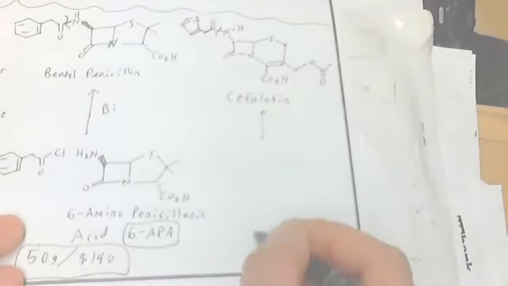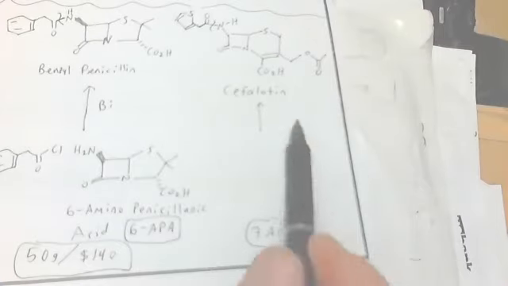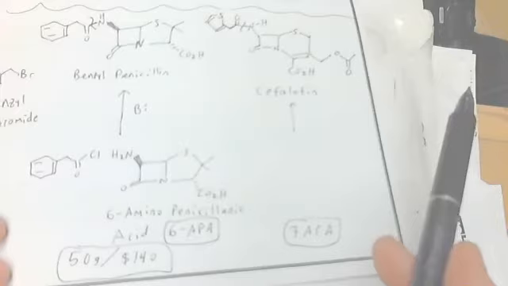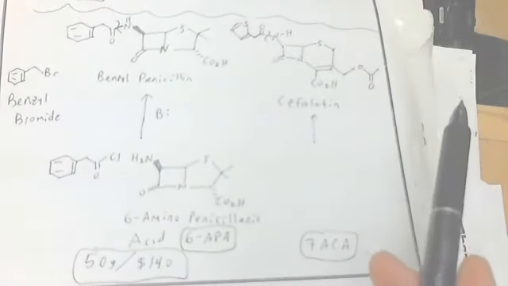So depending on if you use 6-APA or 7-ACA, you can build almost any penicillin or almost any cephalosporin in a single step. The key difference again in the structures is a 5-member ring with a sulfur versus a 6-member ring with a sulfur. But they're both antibiotics. And some of these variations are better for gram-negative or gram-positive bacteria, and I'll talk about that a little bit later also in the follow-up lecture.